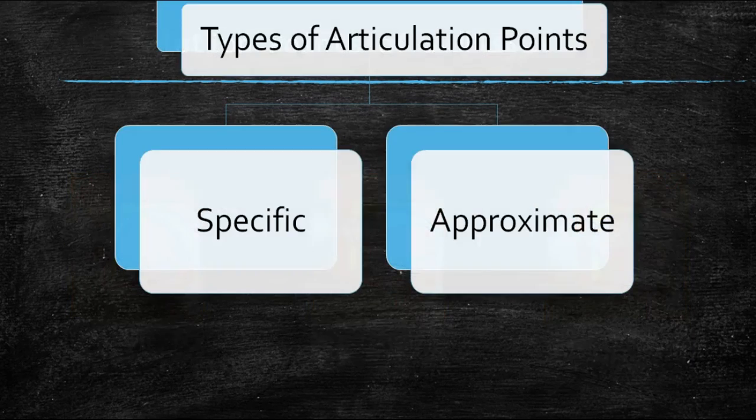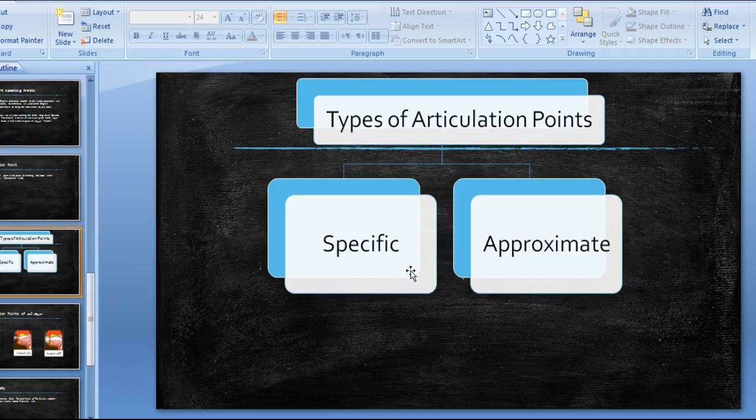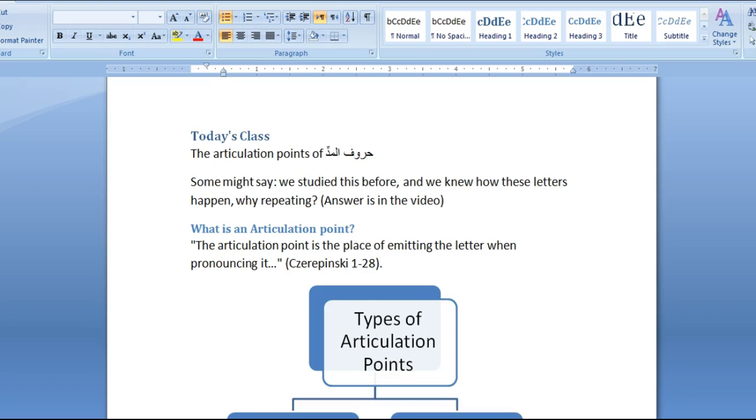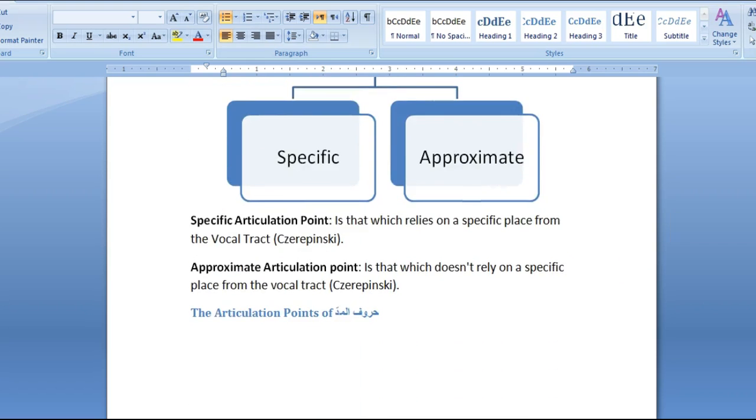Okay, I'll illustrate that more by mentioning the definition over here. A specific articulating point is that which relies on a specific place from the vocal tract, while the approximate articulation point is that which does not rely on a specific place from the vocal tract.